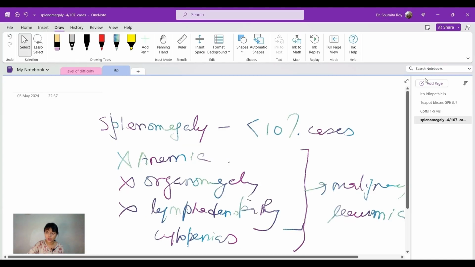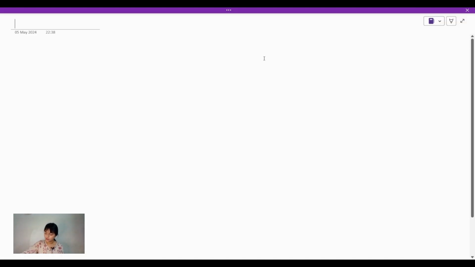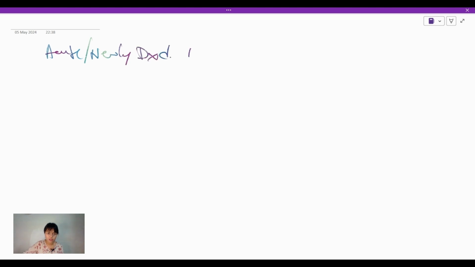Okay. Next, I'll be briefing you the newer terminologies of ITP. First, ITP means, students, you will think of acute ITP, okay? Or you may call it newly diagnosed ITP. So what is that? If the diagnosis has been made before 3 months and the child has already undergone remission, okay? Then there is something called persistent ITP. So what is that?